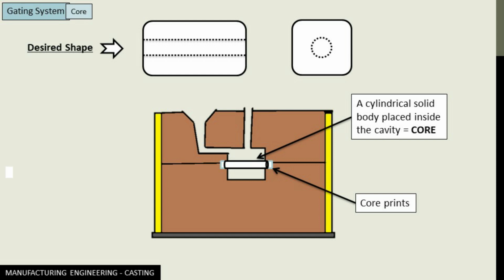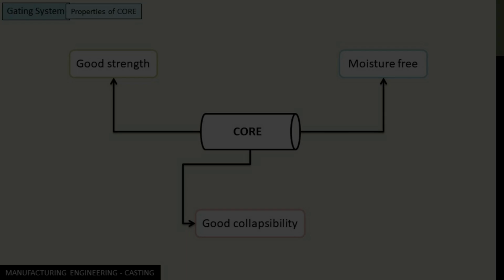This core is also made of the same material as that of the mold, but with slight variation. The cores are generally made of sand, but with certain additional values to it. So let's understand the properties of the core.